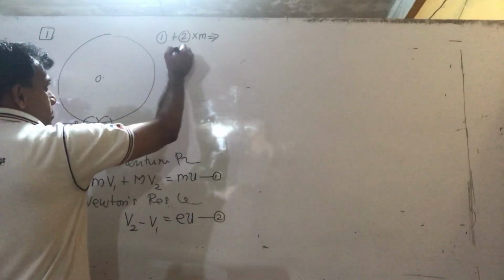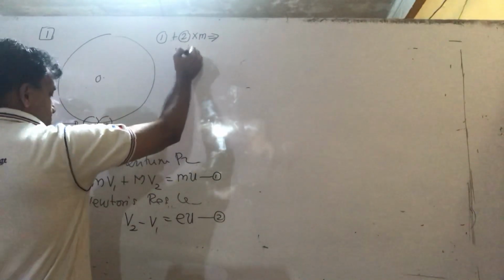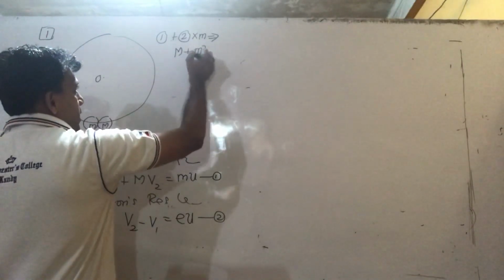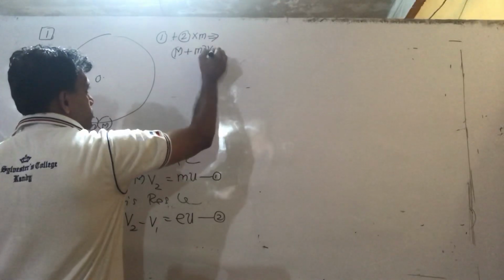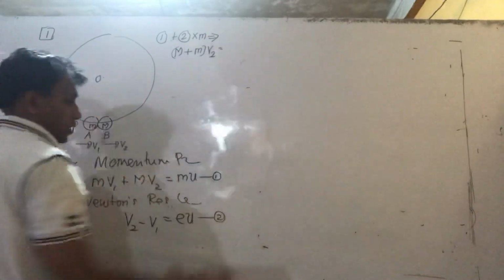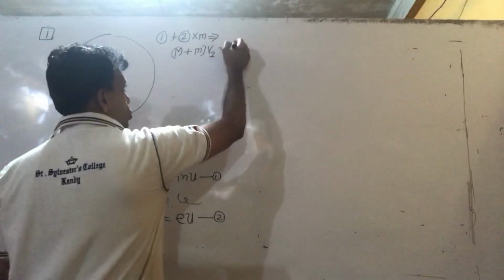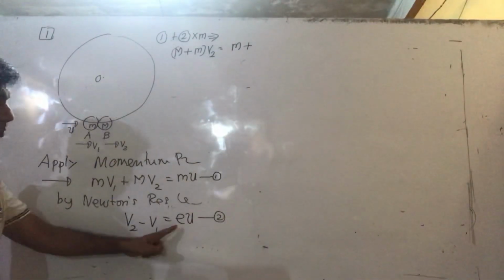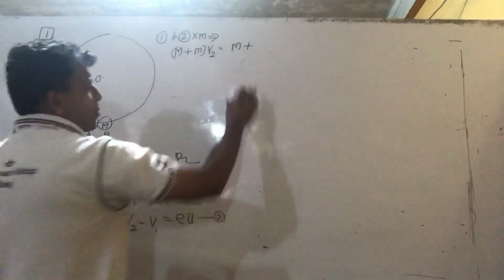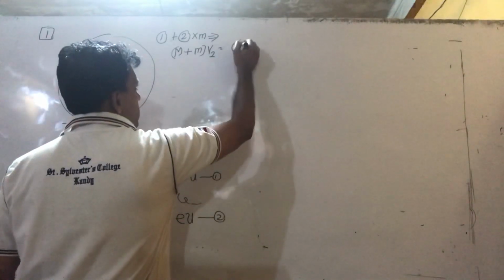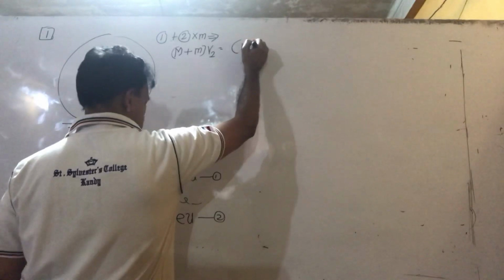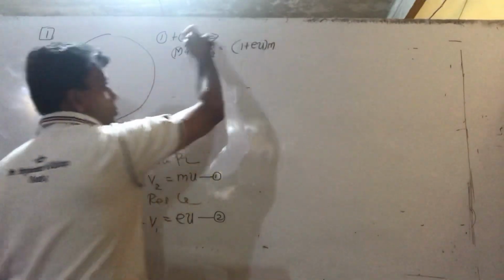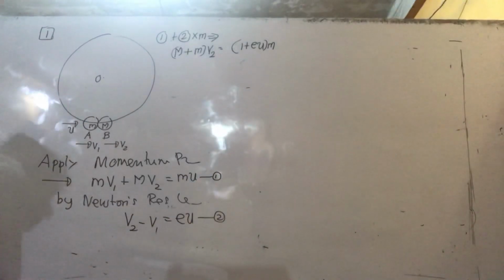So capital M plus small m, times v2, equals on the other side m u plus this also multiplied by m, E m u. You can take the m and u out: 1 plus E, times small m u. This is how we find the v2 answer.